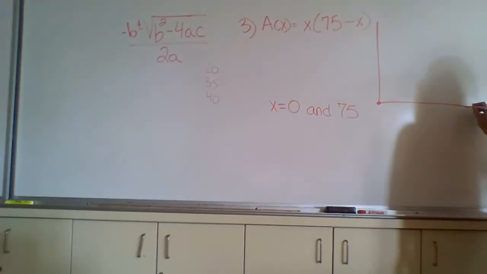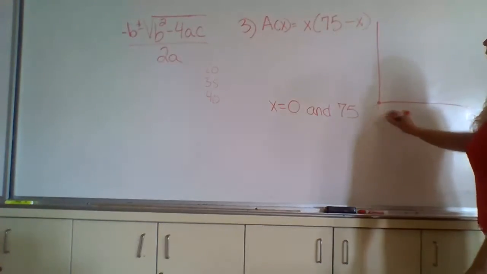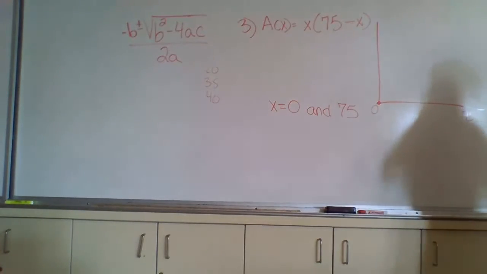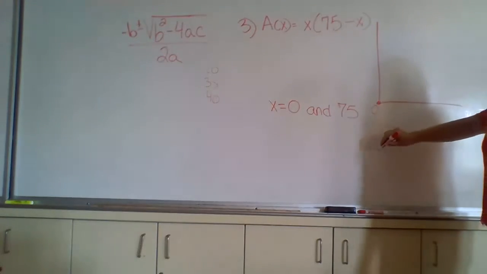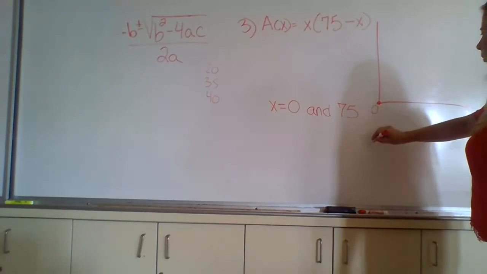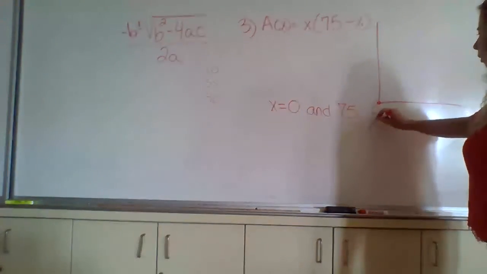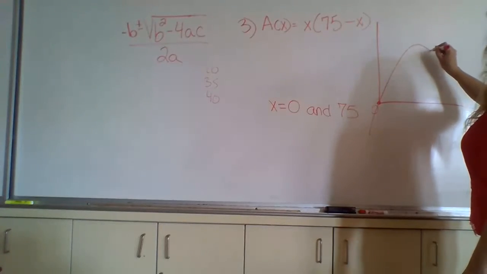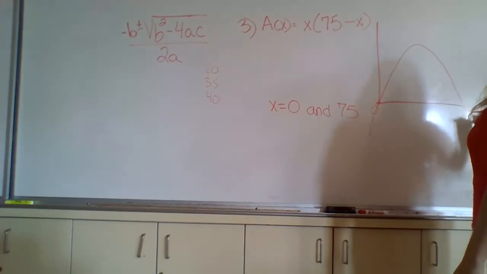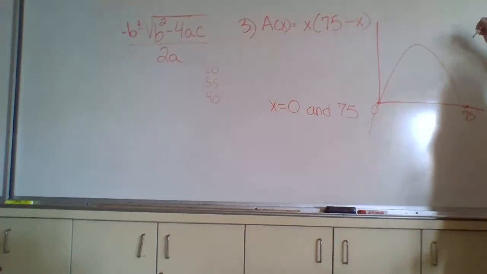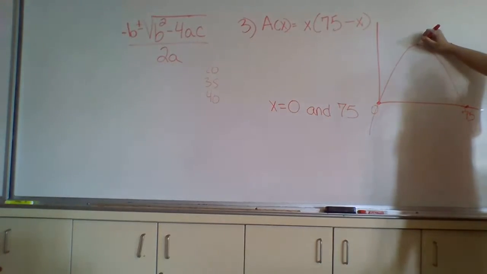We'll go with the 75. Okay, so that's a fat parabola. So my parabola is going to go through here. Your vertex is your maximum point.